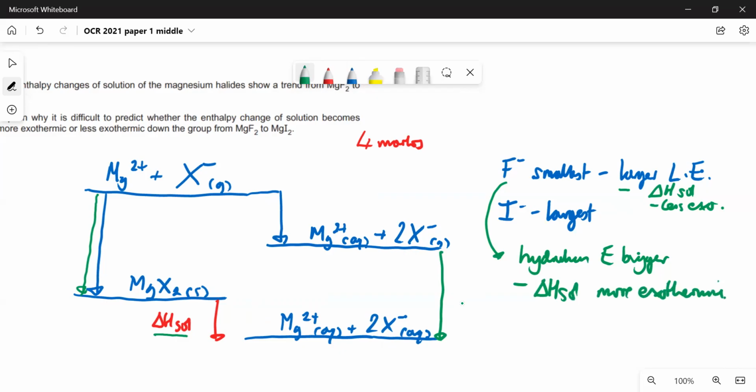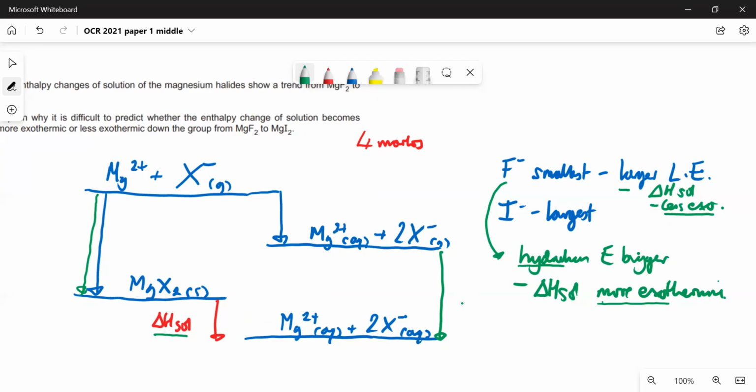So the fluoride ion will give you a larger lattice enthalpy, which makes delta H less exothermic, but it also gives you a higher hydration energy. That does the exact opposite. That will make it more exothermic. And iodide will do the opposite. So it's hard to predict which of those two factors is more important.